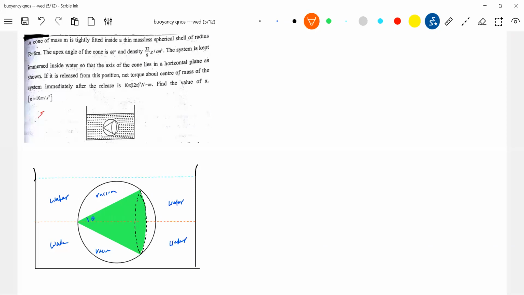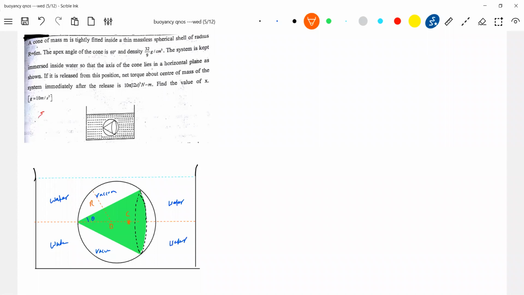Am I right? So h by 4, it will come somewhere here. Then we have the radius of the shell. Let me put it. So this is the radius. O is the center of the shell. C is the center of gravity.